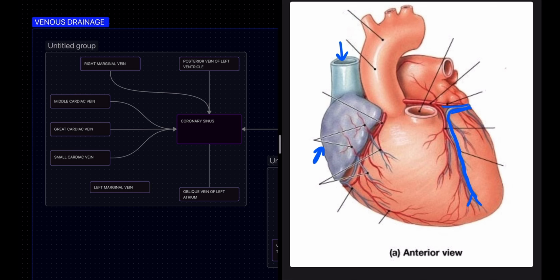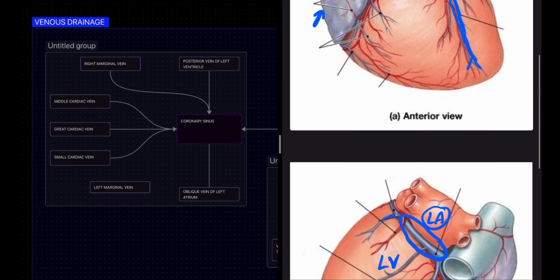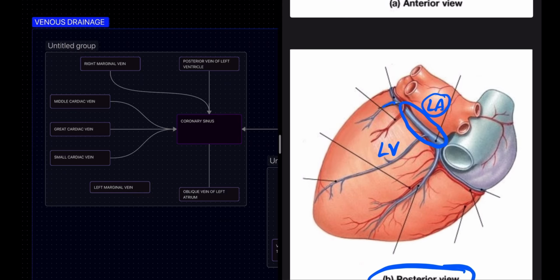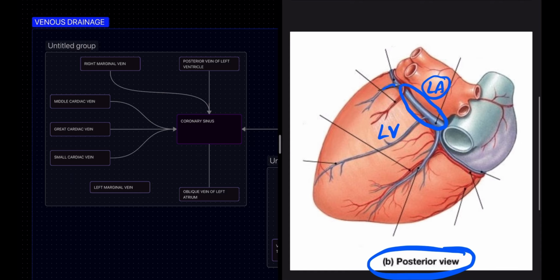Also, before that, while passing through the interventricular groove, it accompanies the LAD, the left anterior descending artery. Now, after going through the coronary sulcus, it drains into the coronary sinus, which is over here, as already marked. This is the great cardiac vein, this one.